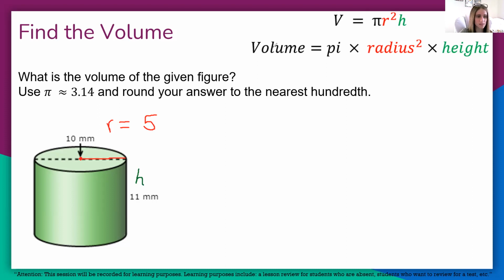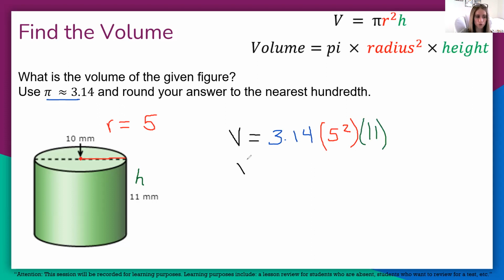Let's go ahead and substitute and solve. So volume is equal to pi, which we're still using 3.14 as our approximation, times our radius, which is 5 squared, and then our height of 11.